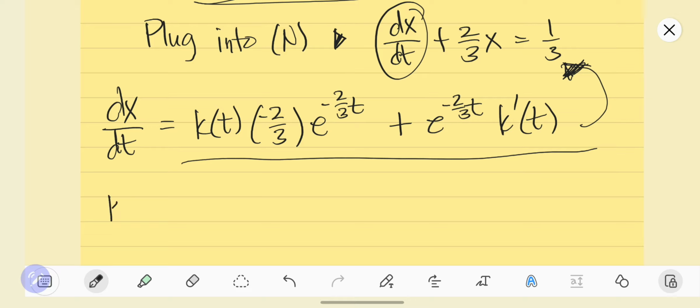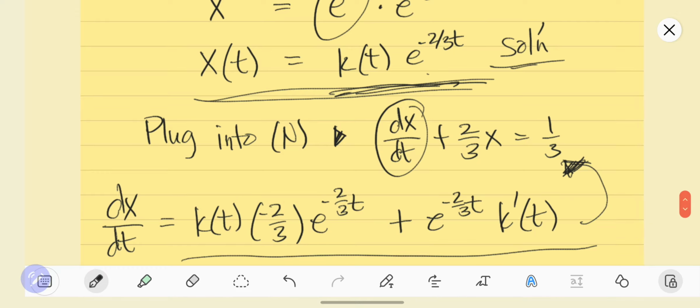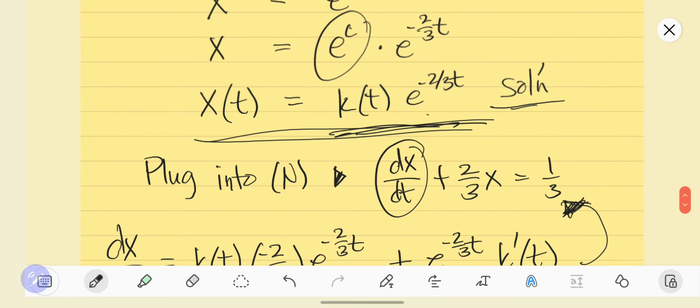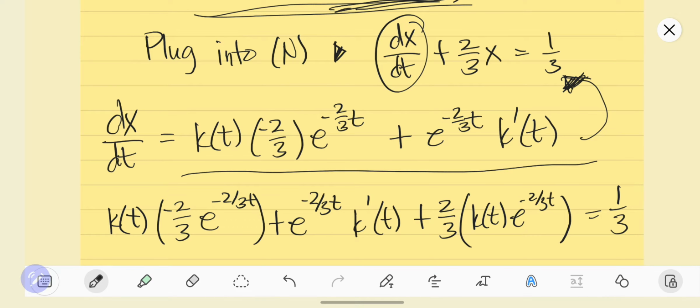So this becomes k of t negative 2/3 e to the negative 2/3 t plus e to the negative 2/3 t k prime of t plus 2/3 times your x, which is k of t e to the negative 2/3 t, is equal to 1/3.